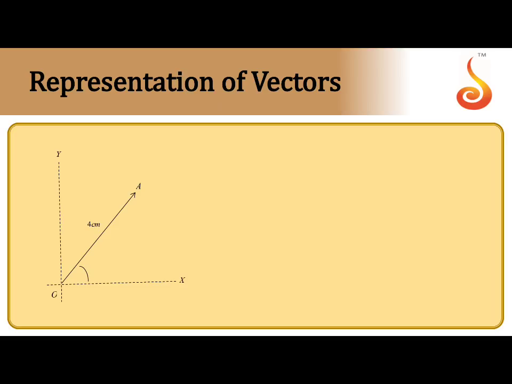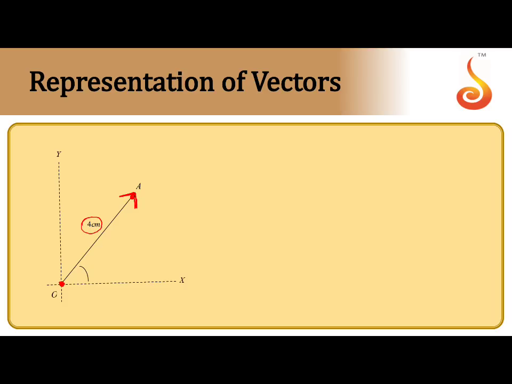A vector has a magnitude. To represent that magnitude, we are going to use a line segment. The length of the segment will represent the magnitude. To this line segment, we are going to introduce an arrow mark. The arrow mark will tell the direction.